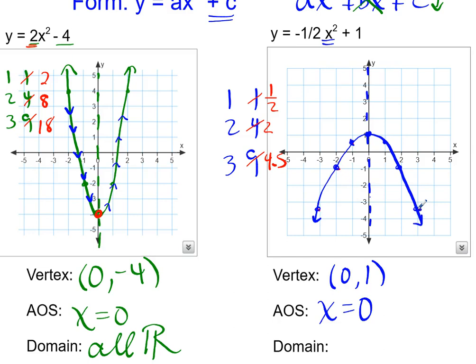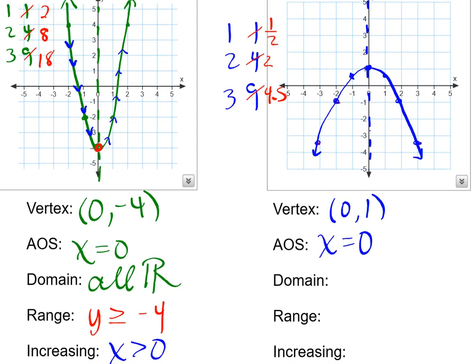Okay, the domain of this graph, it's quadratic, so the domain is still all reals. The range, for this one we have a maximum, and our maximum is up here at 0, 1, and it's everything below that value of 1. So all of our y values are less than or equal to 1.